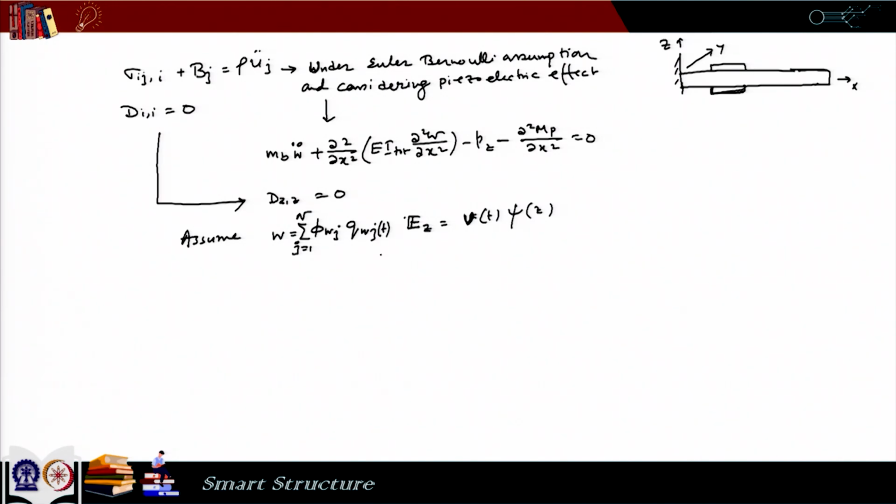So, we will make these assumptions and then go to the derivation.